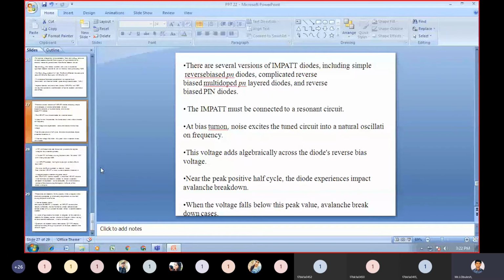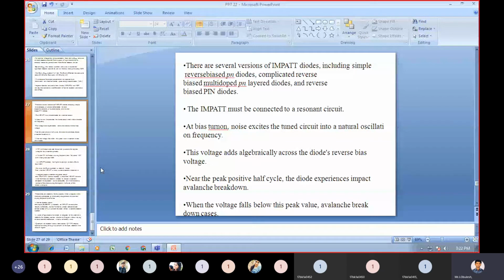There are several versions of impact diodes, including simple reverse biased PN diodes. We have complicated reverse bias multi-doped PN layer diodes and reverse bias PN diodes. So the impact diode must be connected to a resonant circuit.